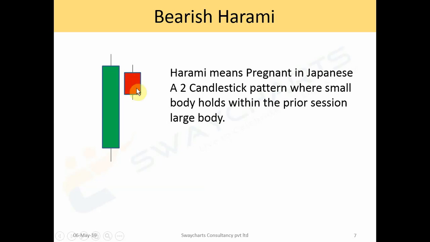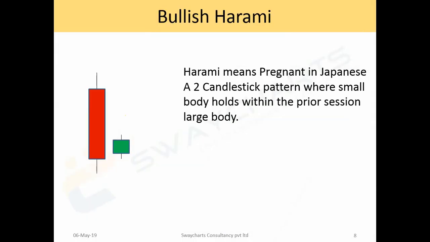So if there is a small candle which is somewhere embedded inside the long green candle here, so this can be the previous day, this can be the current day, then this type of formation is called a bearish harami, and this can be a reversal pattern, right? And that is the reason why this particular pattern is important to understand and can be used to trade in the market. Then comes the bullish harami.